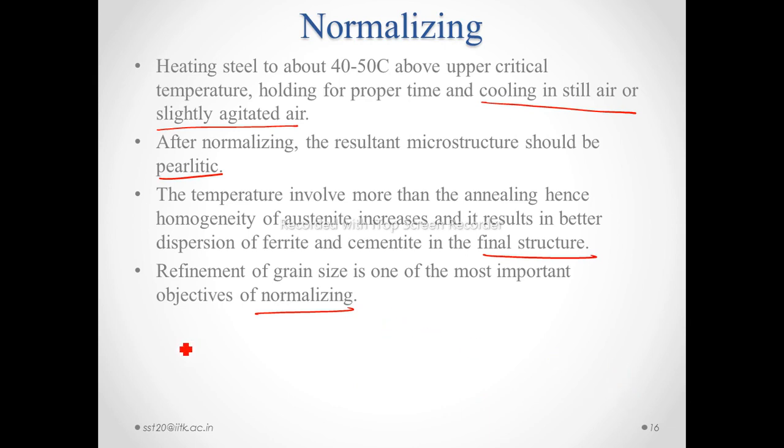The samples which are rolled or forged will have a coarser grain size due to the high temperature involved, and these are subjected to the normalizing process to get refined grains.